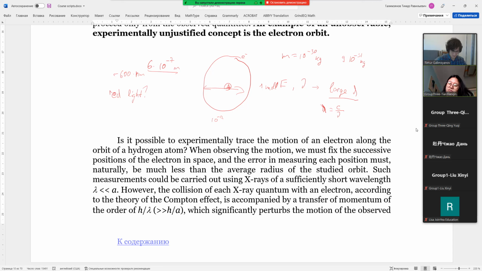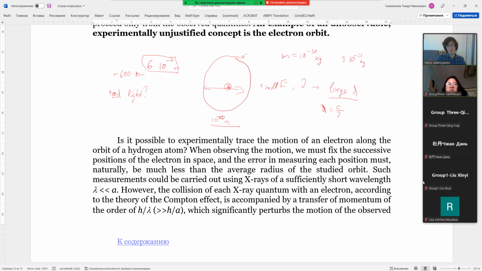No, I was mistaken. It's about minus 10, I think. Yeah, you're right. Thank you. It's more about 10 to minus 10 meters. And you see that the size of an atom, the size of this orbit, is about 3 or 4 orders of magnitude smaller than the wavelength.